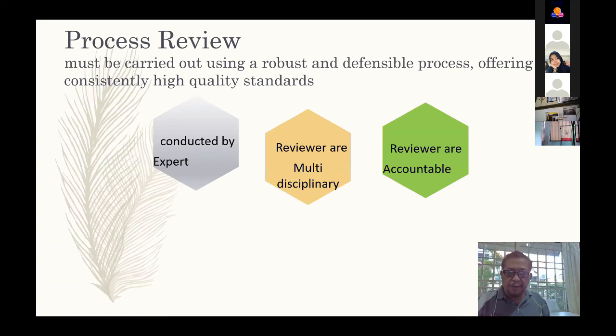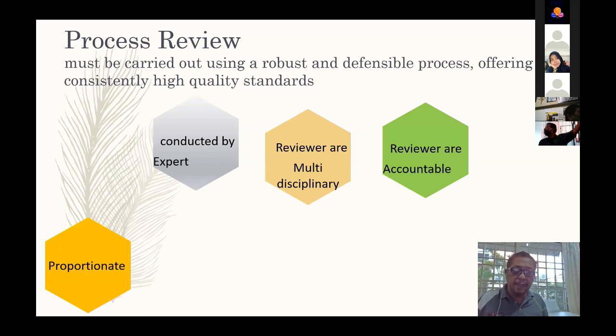Secondly, the reviewers must be a multidisciplinary group, who can look at the technical aspect and the engineering aspect. The reviewers can also include people who know how to apply it in the real world. And all these reviewers are honest and accountable to the people.